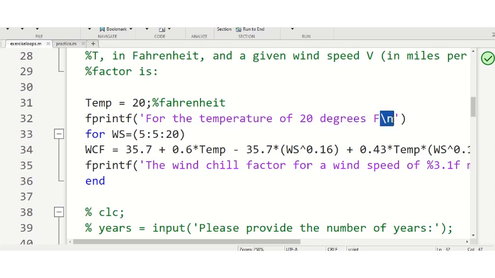Now we have to calculate the WCF for wind speeds of 5, 10, 15 and 20. So we write this as 5:5:20, starting at 5 with a difference of 5 and ending at 20. And this is the formula.